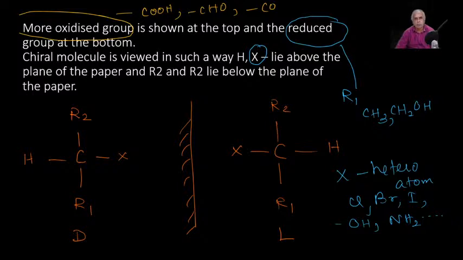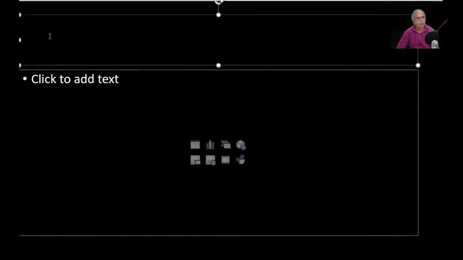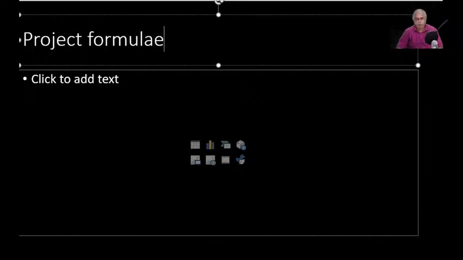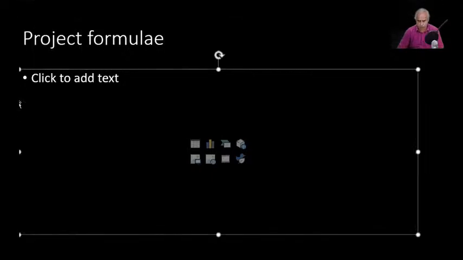Right. Now let us look at the projection formula of the same. Take down the projection formula. You have to practice by drawing all these diagrams. So the first one, the D form, can be represented like this. R2 at the top, right?